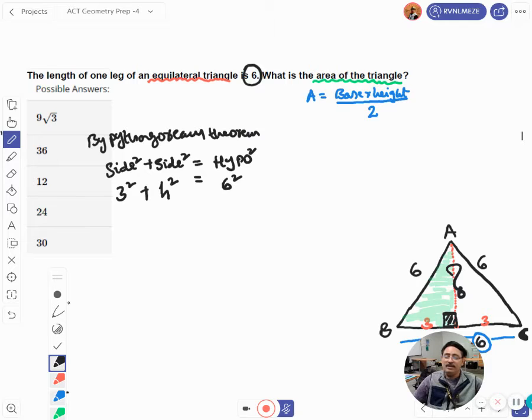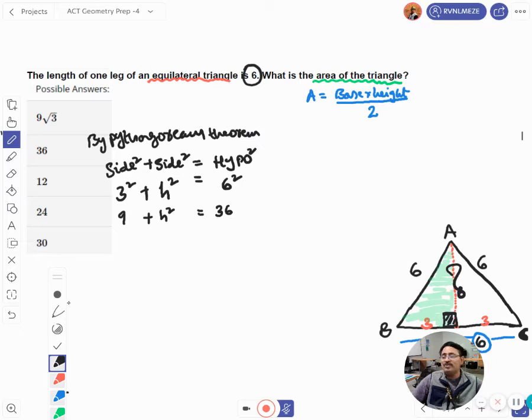So that is missing. Let me take it as h. H stands for height. So side square plus side square equals hypotenuse square, which means 3 square plus h square equals 6 square. 3 square is not 3 times 2, it is 3 times 3, that is 9. And 6 square is not 6 times 2, it is 6 times 6, 36.